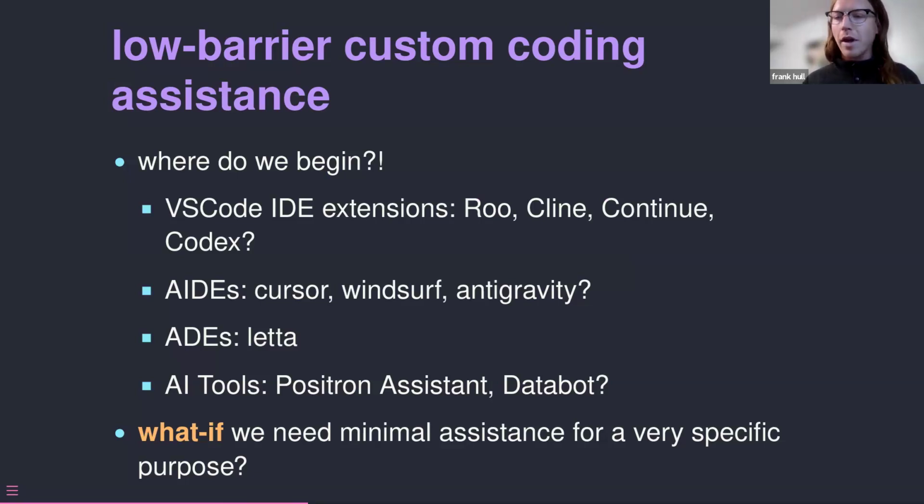There are all these different places to go: VS Code IDE extensions like Roo, Cline, Continue; AI development environments like Cursor, Windsurf, Antigravity; agent development environments like Letta; and AI tools from Posit like Positron Assistant and Databot. Now I'm stressed out. There's too much.